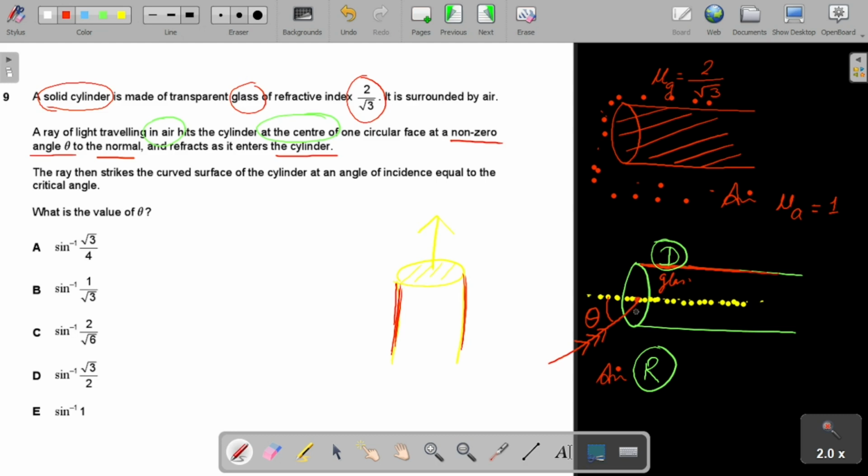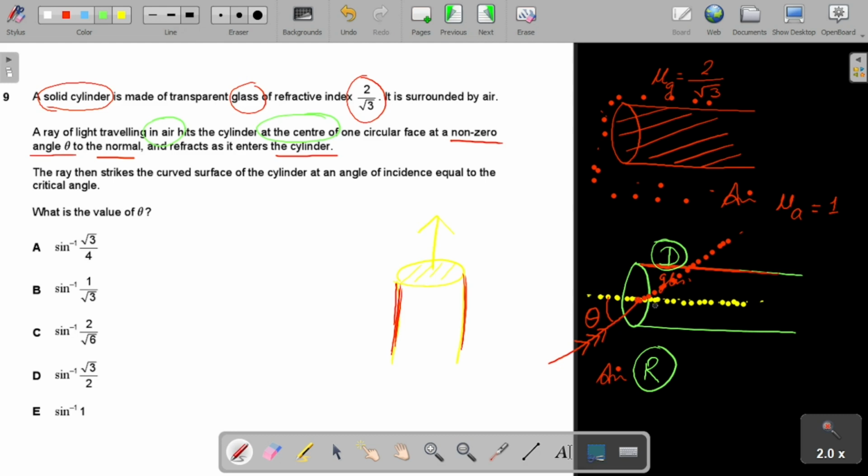If there is no change in medium, this ray will pass straight like this, with no change in direction. But we have a change in medium. It is going to enter a denser medium.